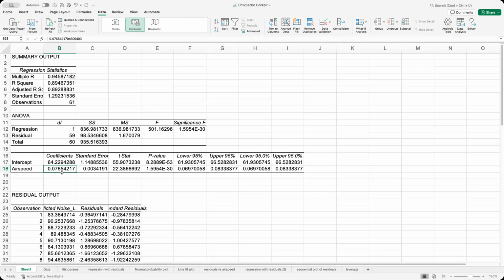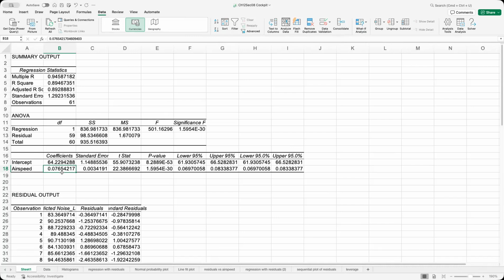So going from 60 to 70 isn't an increase of 10, it's an increase of 100% of the noise. All right, so going from 250 to 251 in airspeed caused me to increase 0.07 decibels. It's not a lot of increase in noise, but it was a very small increase in speed.